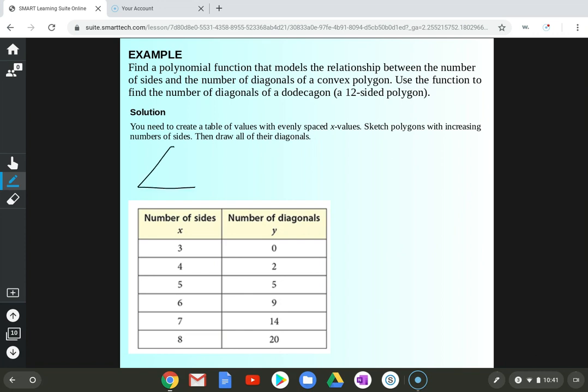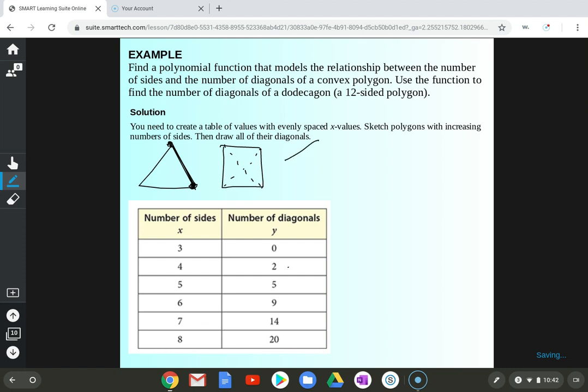So what we're talking about, if we have a triangle, there's no way to draw any diagonals to go from any vertex to any other vertex. You're just following along an edge, or a side of the triangle. So there's no diagonals there. But if we have a quadrilateral, then we have one diagonal this way, one diagonal this way, so we end up with two diagonals.